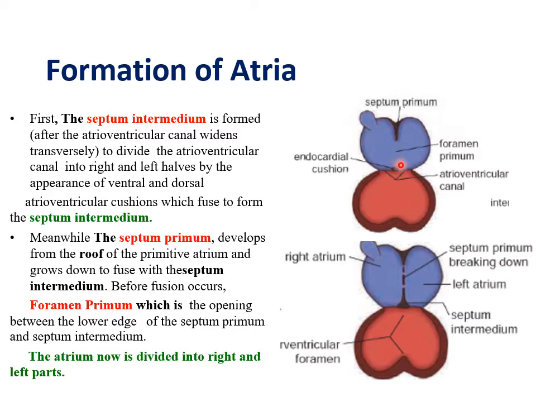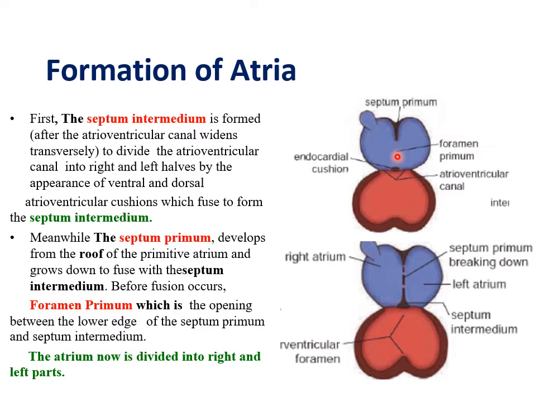The septum intermedium is formed as the atrioventricular canal widens transversely and is divided into right and left halves by the appearance of the dorsal and ventral atrioventricular endocardial cushions.